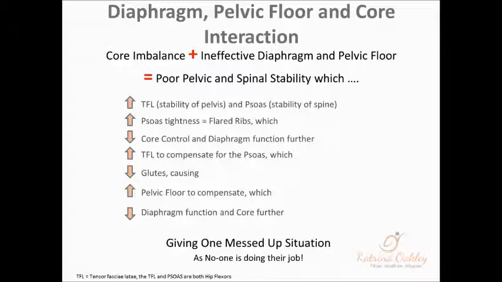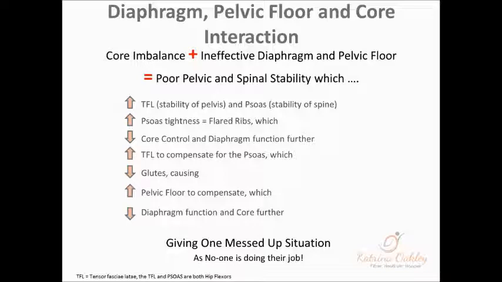And the more you lose core control, the more you increase your TFL tightness to compensate for the psoas, which then decreases your glute activation, because as the TFL gets tighter, it starts doing the job of the glutes and it shuts your glutes down.